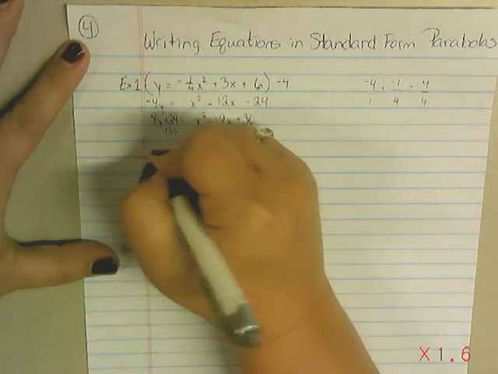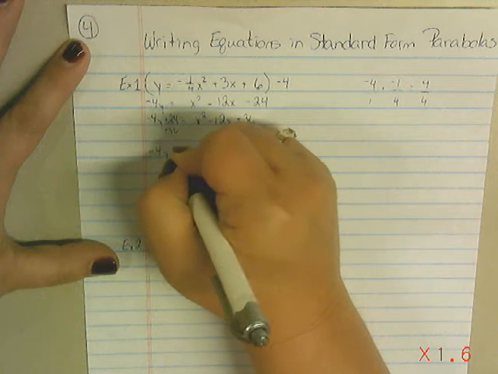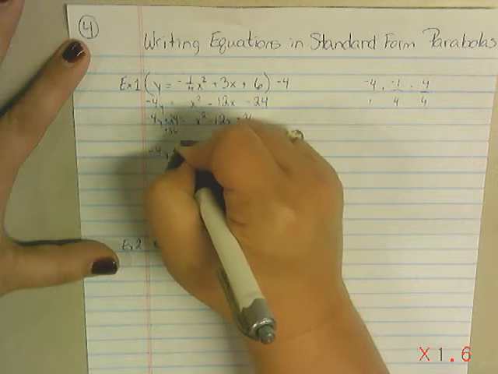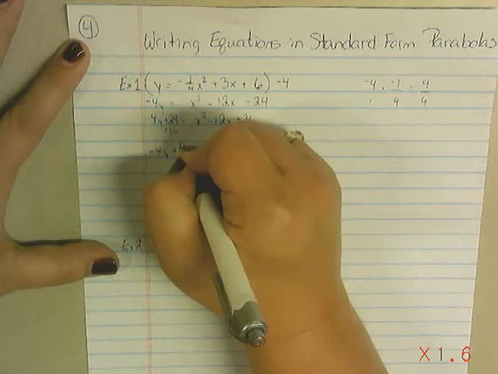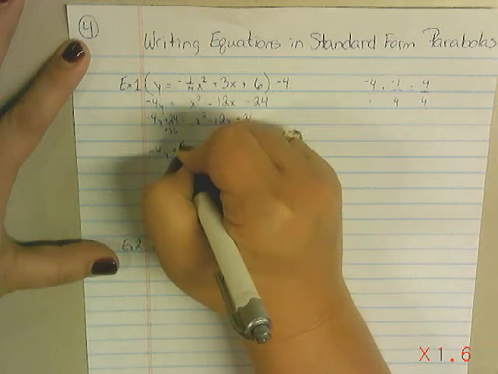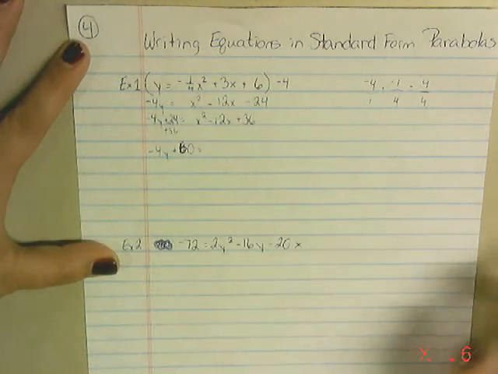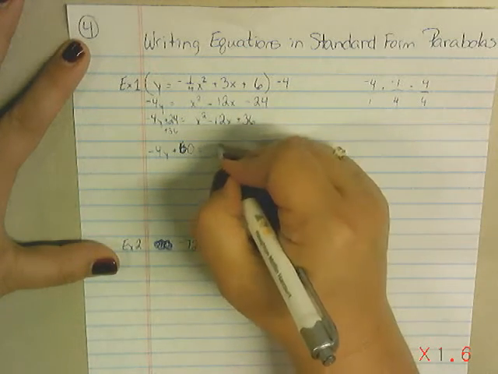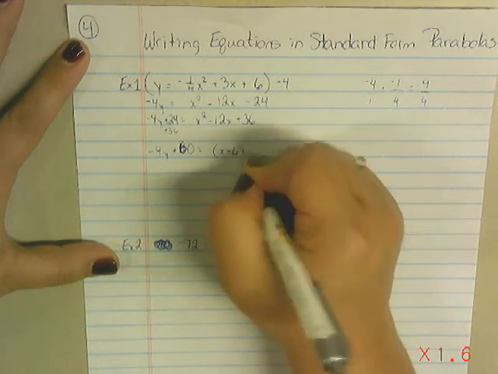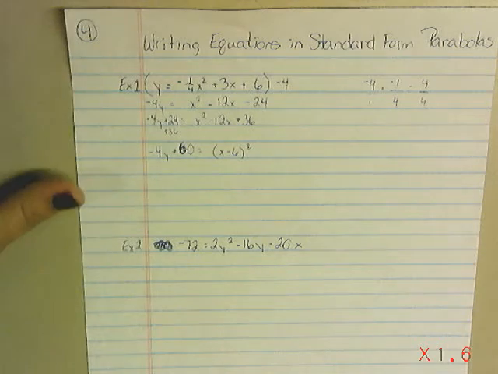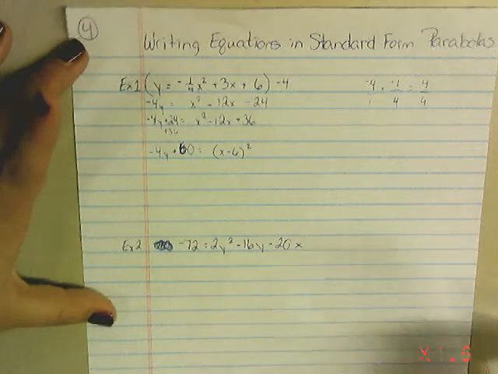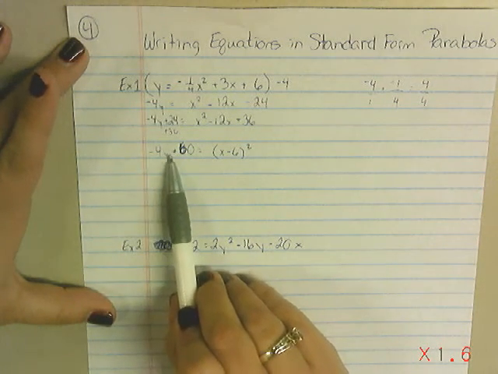All right, so we've got -4y plus, ooh, that was ugly, plus 60. And then we're going to go ahead and factor that. So it's going to be x minus 6 squared. But the only thing is, we're used to there being a parenthesis over here.